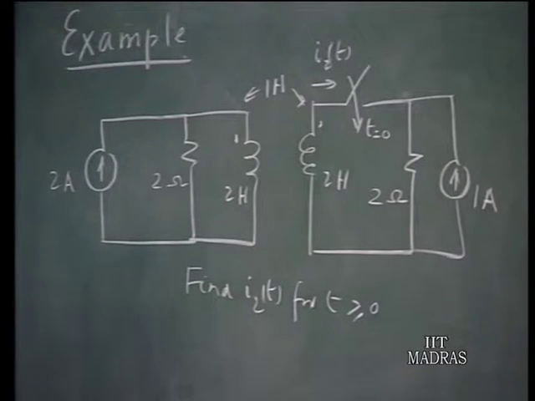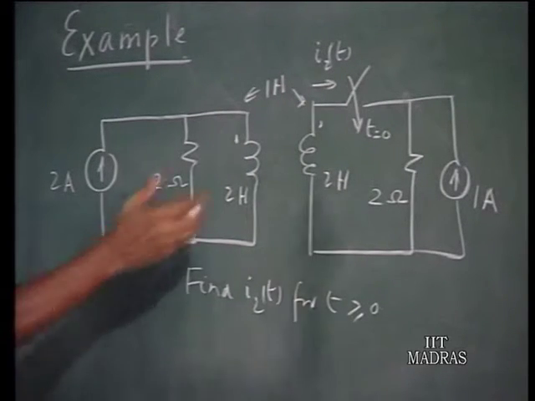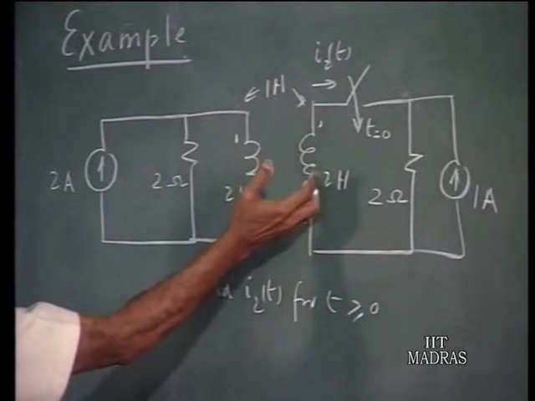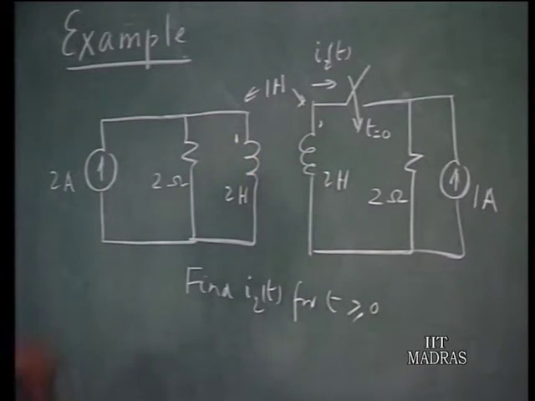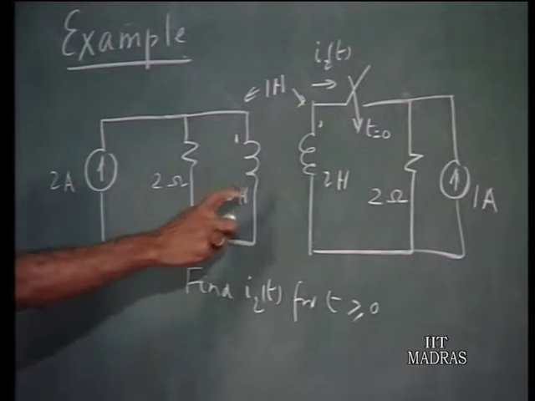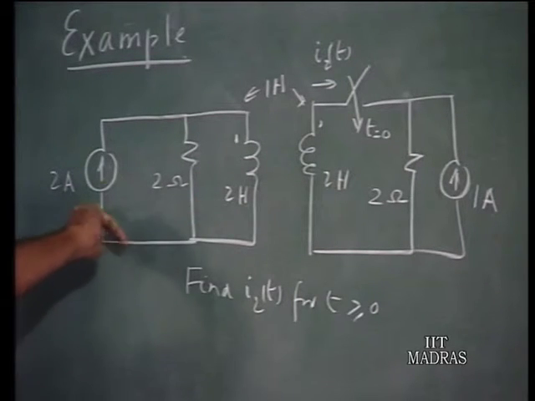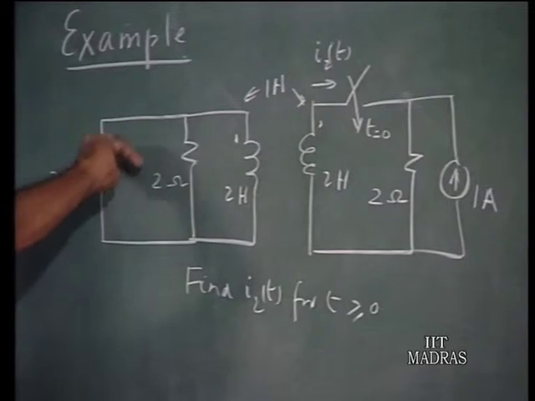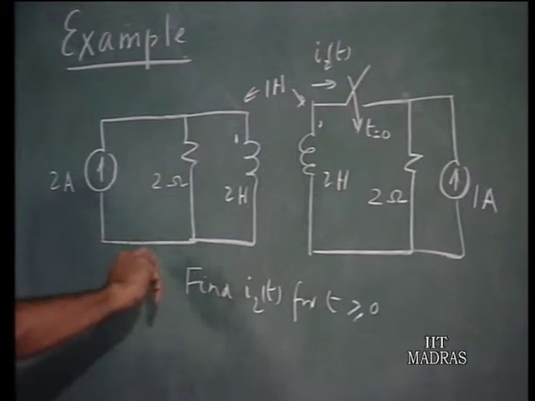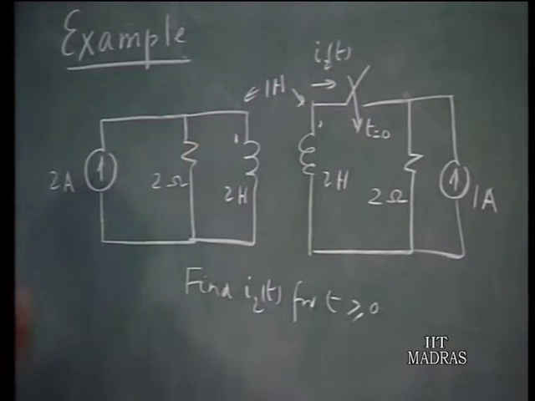So, let us see, as far as this inductor is concerned, it does not carry any initial current at t equals 0 because the switch is open. Therefore, if you call the current here i2, it is 0. As far as the first inductor is concerned, this 2 ampere DC current source flows entirely through this inductance because under steady state the voltage here is 0.